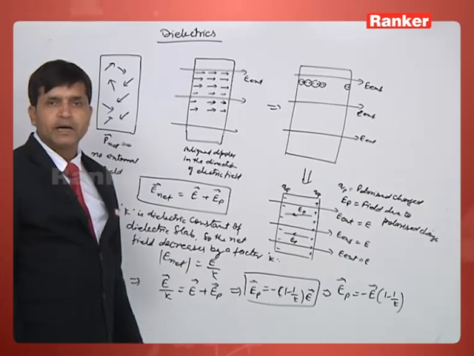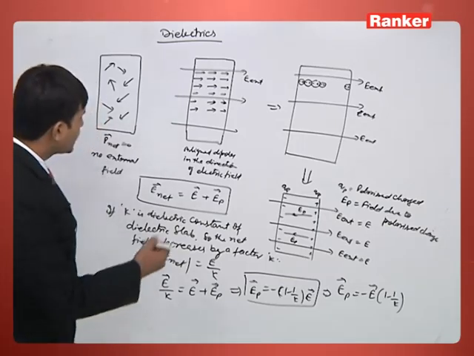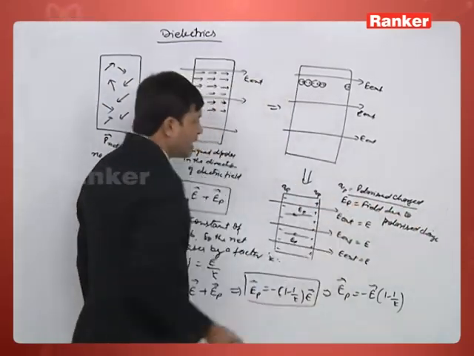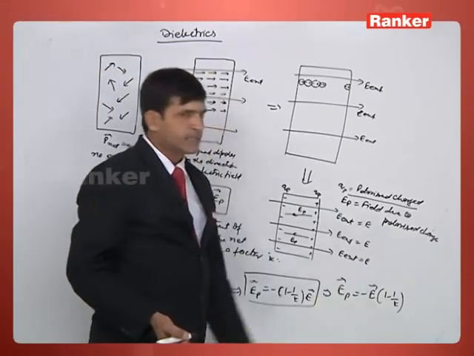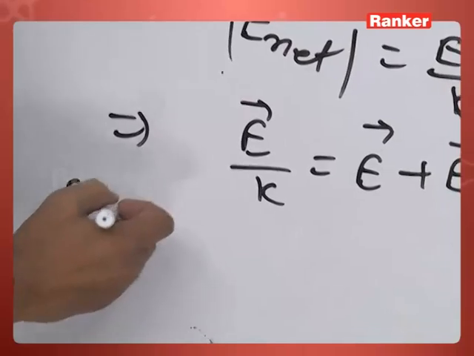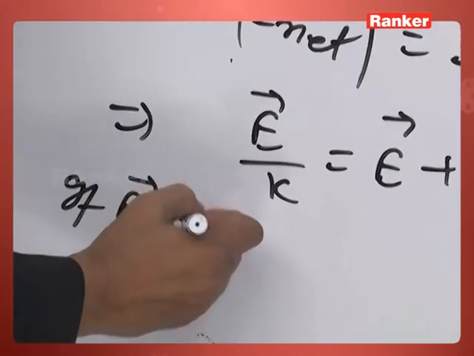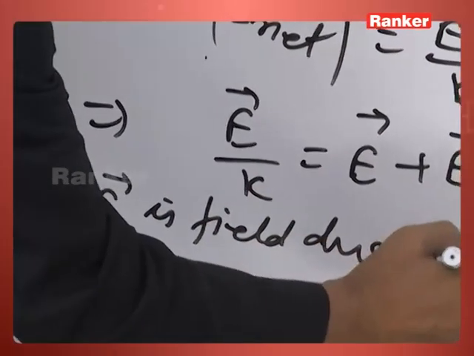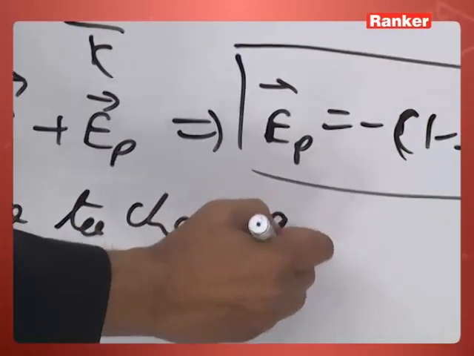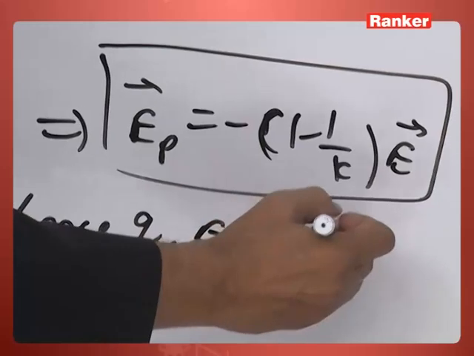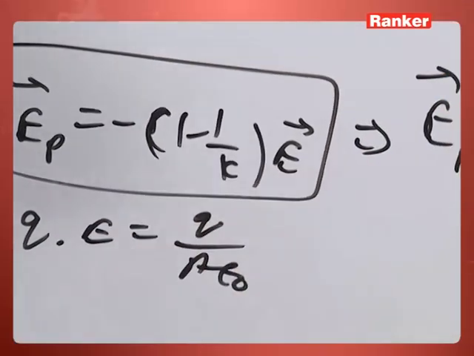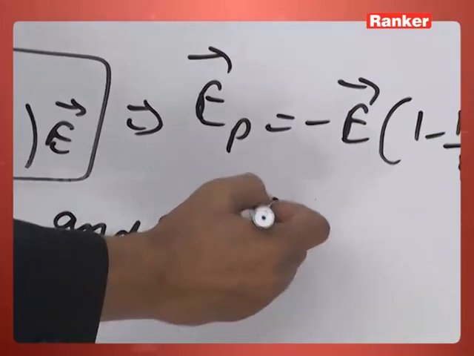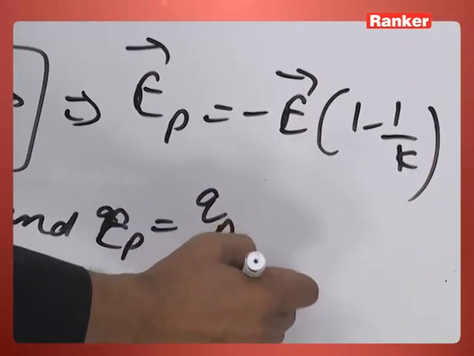Now if this type of slab is kept between the plates of a capacitor, then see the effect of that. If Qp is the polarized charge here, and E is the field due to charge Q, then E is written as Q by A epsilon naught, and Ep is written as Qp by A epsilon naught.